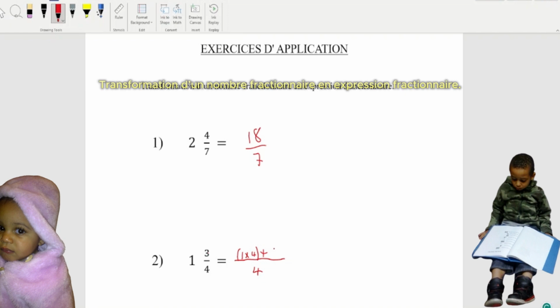And then we're gonna put right here. Now here. So 1 times 4 equal what? 4. Plus 3. Don't forget the 4. Okay, equal 4 plus 3 equals 7.